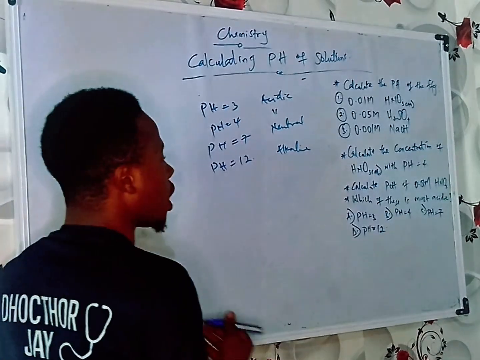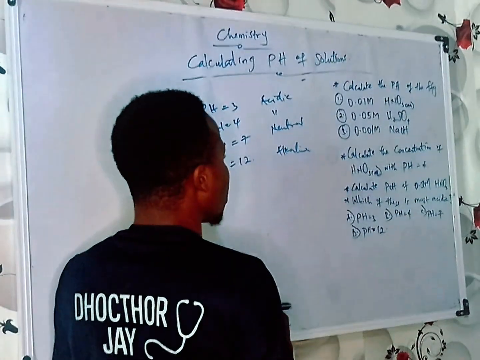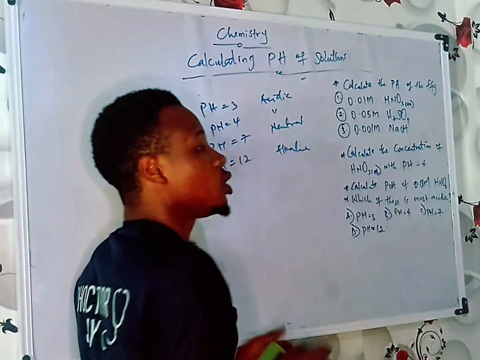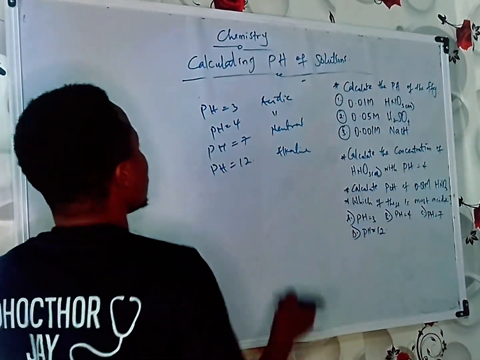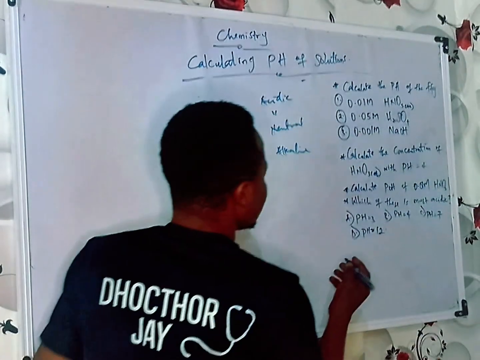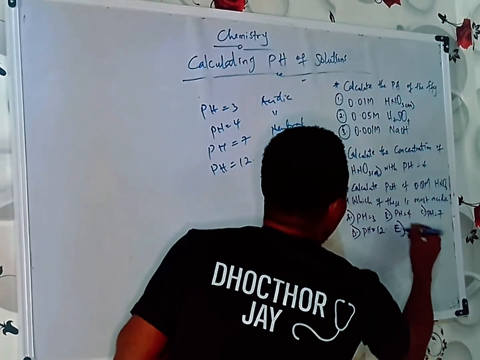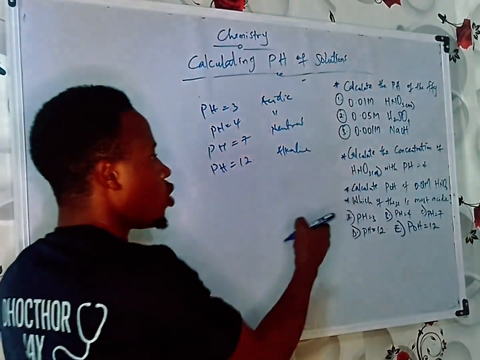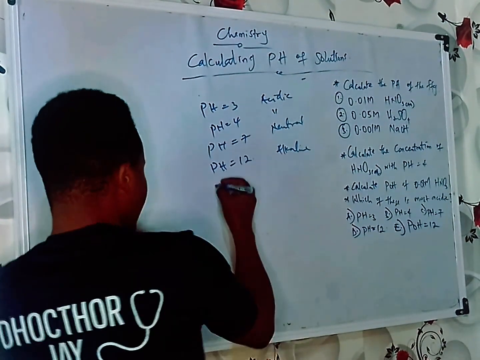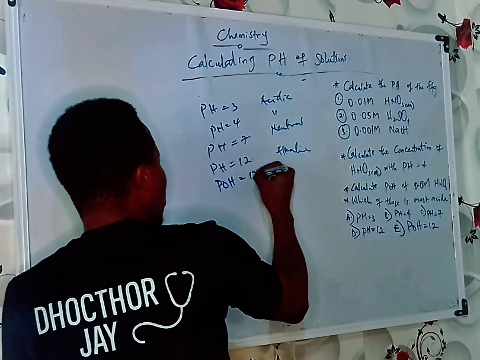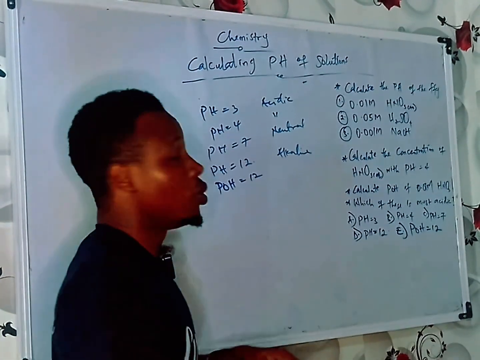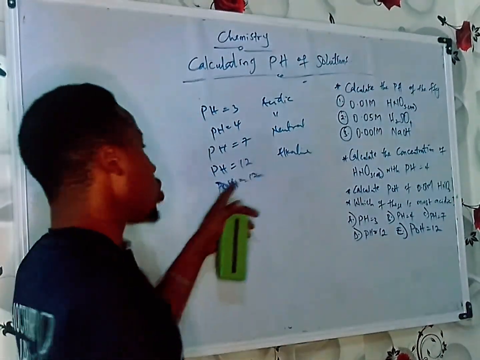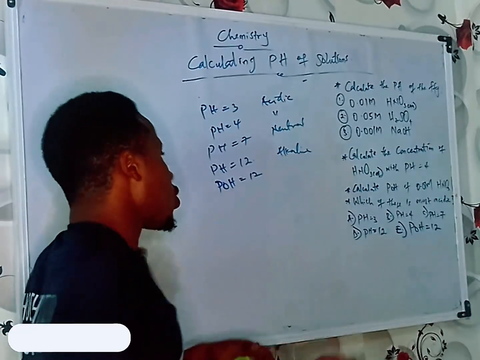But if we want to compare it now, if we have all these solutions, maybe some of them are acid or alkaline. Now we say that, okay, let's add an option E. And option E says pOH equal to 12. The same pOH and pH. Now, because what we know is the pH scale, you don't know if this thing is actually acidic or alkaline. You may want to guess that it is alkaline, but let's confirm.